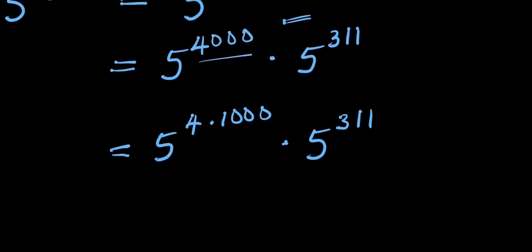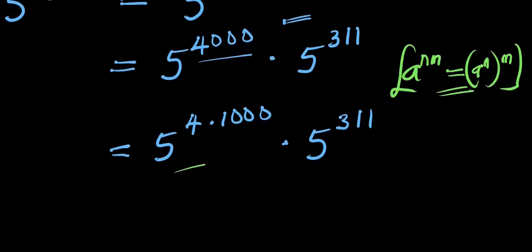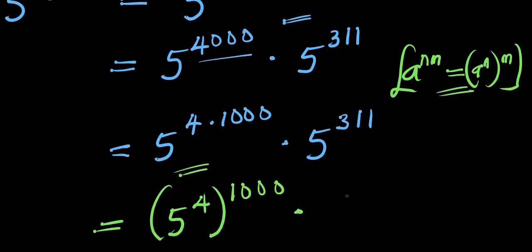So going by this identity, if you have a power n times m, this equals a power n all power m. By applying this identity here, we will have 5 to the power of 4 to the power of 1000 times 5 to the power of 311.